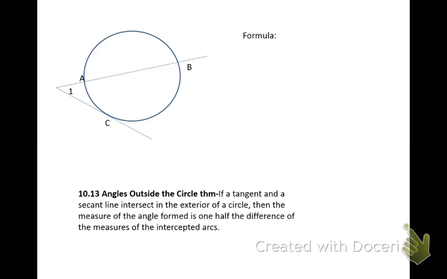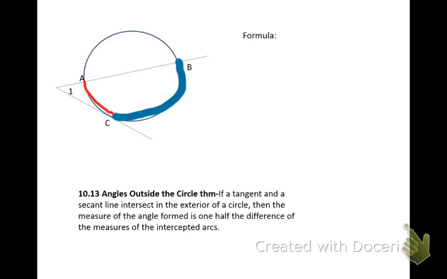Now, angles outside the circle theorem. In this case, angle 1 is outside the circle, and it's formed by a tangent and a secant. Then we have the two intercepted arcs by those lines: we have this arc and this arc.